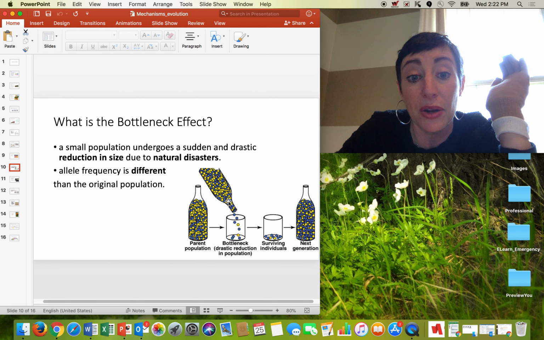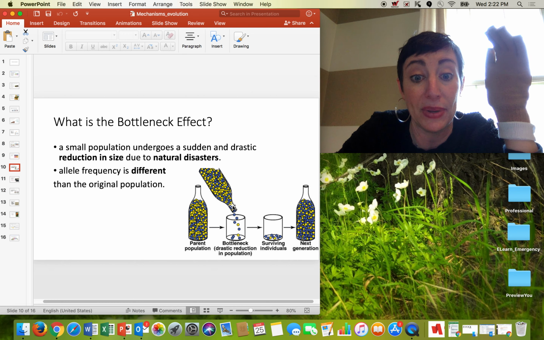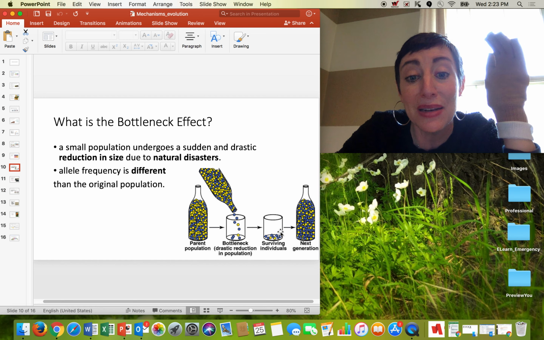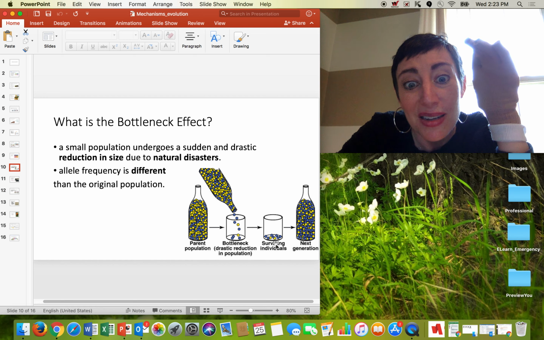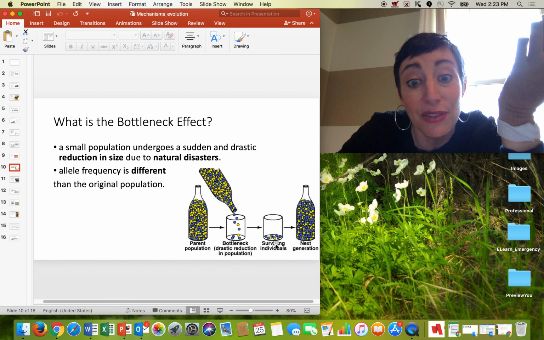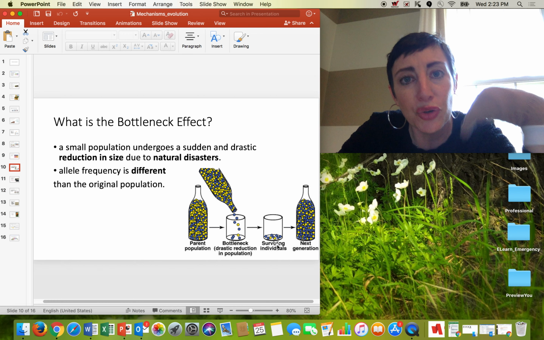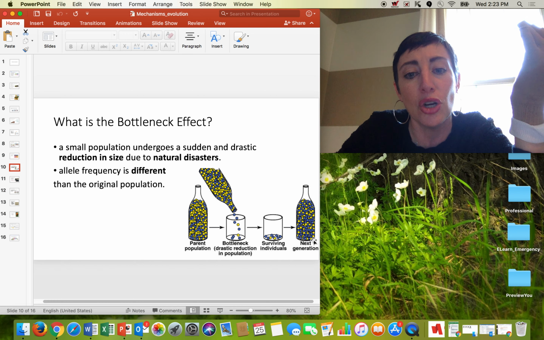They go through a bottleneck or some kind of dramatic problem, natural disaster happened, and then the surviving organisms are a lot less than the original, less numbers. And because of that, we have less alleles, less genetic diversity. You can see there's only 2 yellow ones in there now. Now, as those start to reproduce, the population grows, but it doesn't have as much genetic diversity. There's way more blue ones in this population than yellow.